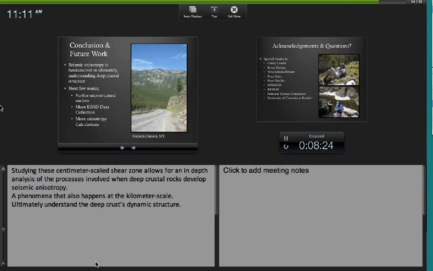So in conclusion, studying these centimeter shear zones allows us to analyze this common process way more in depth, and thus study this transition between a protolith to the ultramyelinite. And by studying this structure, hopefully we can.